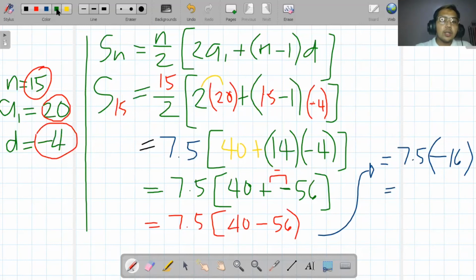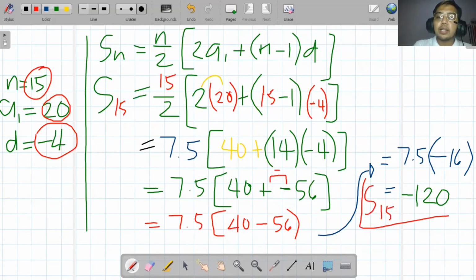So the answer when you do use your calculator is negative 120. So therefore, kung padayunon to, ang katong given nga sequence nga 20, 16, 12, and then ipa-add sila tanan, 15 kabuok nila ato, ang answer kay negative 120.